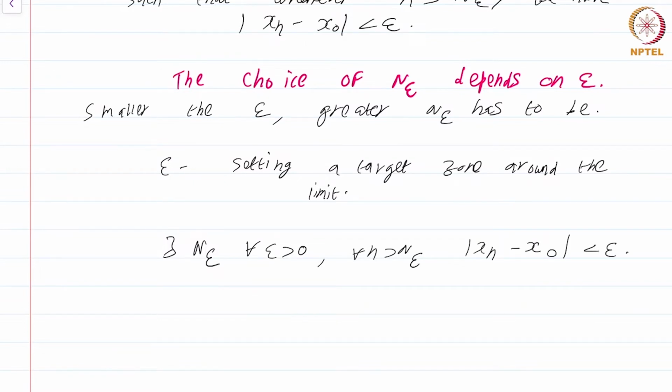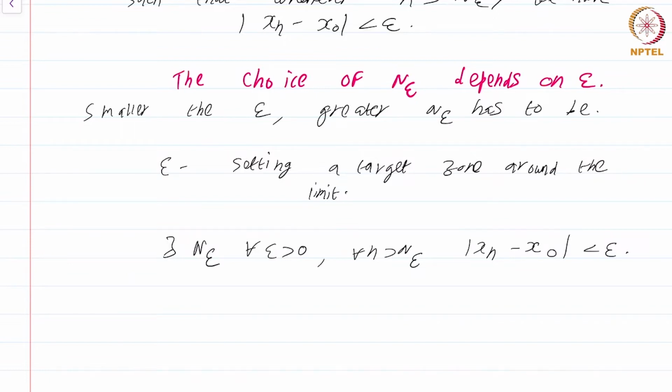Suppose I interchange for each epsilon greater than 0 and there exists N_epsilon, writing there exists N_epsilon for all epsilon greater than 0. Things go badly wrong. And this I leave it as an exercise for you.